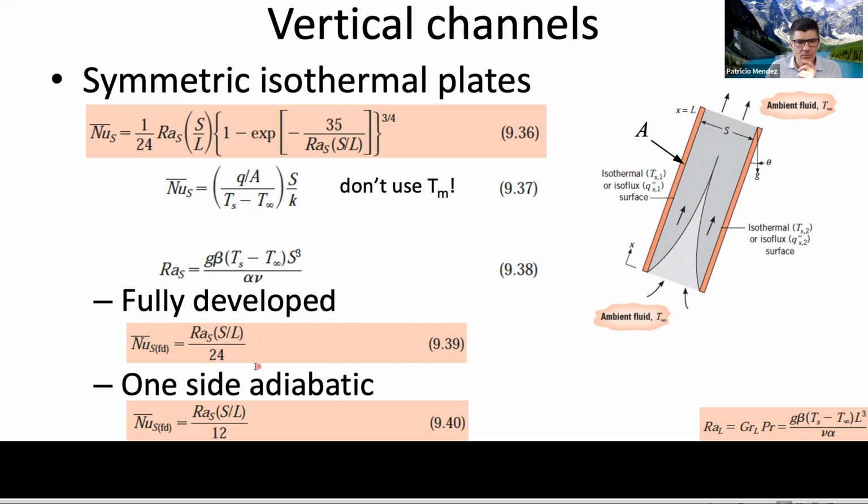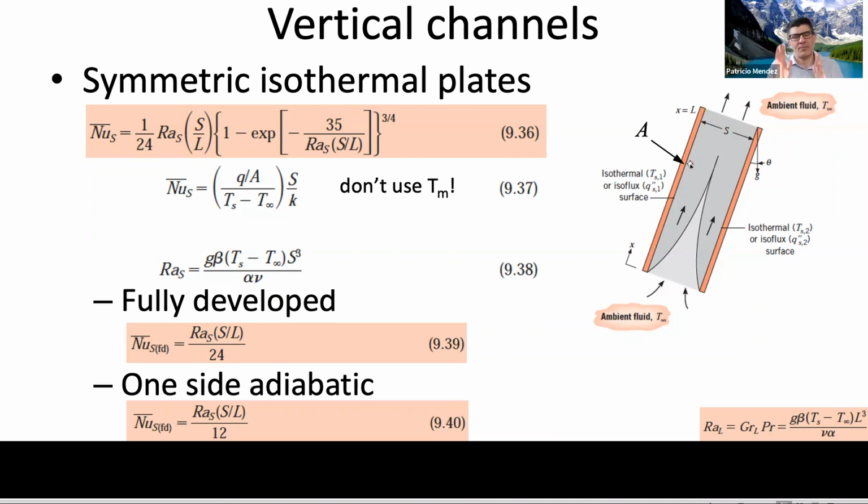In fully developed flow, we can calculate the Nusselt number for a vertical channel, and it is Rayleigh over 24 multiplied by S over L. S over L is some sort of aspect ratio of this channel: S is the width and L is the length.